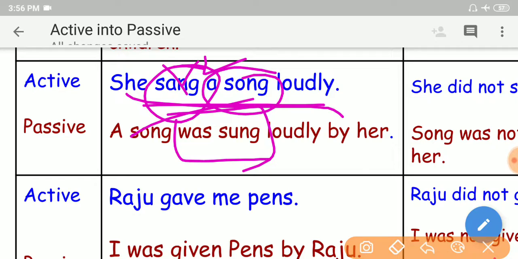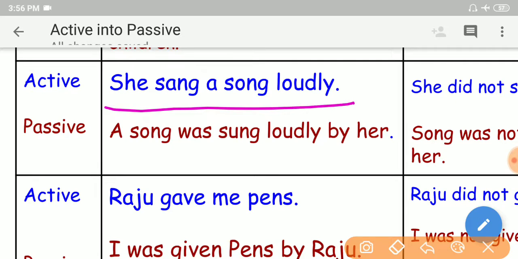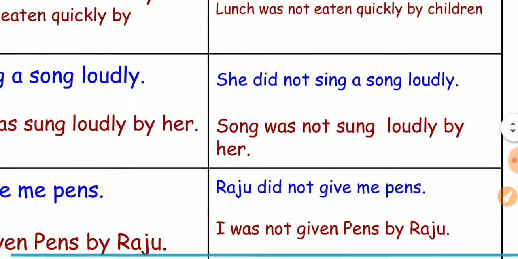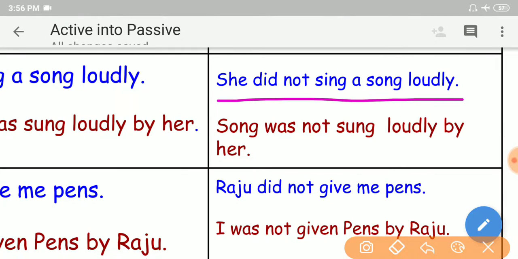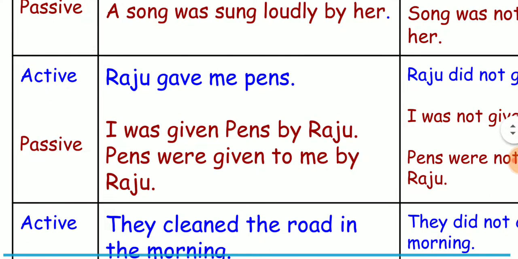The same rules are applied, my dear friends. She sang a song loudly. A song was sung loudly by her. That is the passive sentence. Here also negative: she did not sing a song loudly. A song was not sung loudly by her. Same sentence, as we have discussed already.